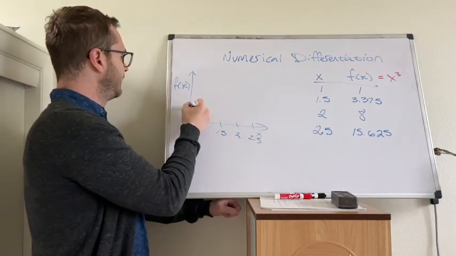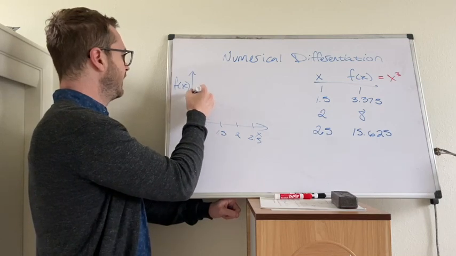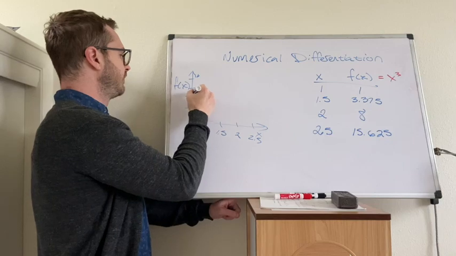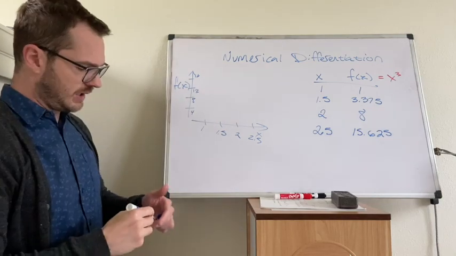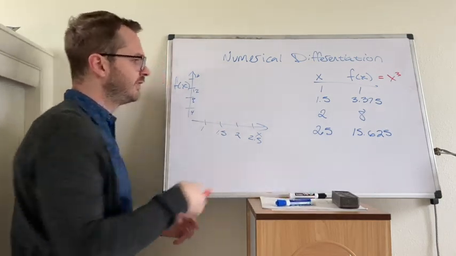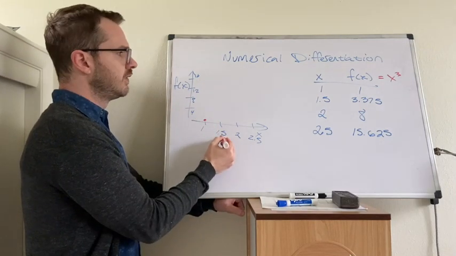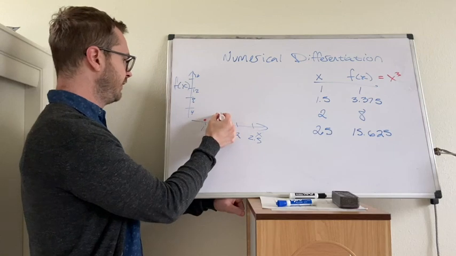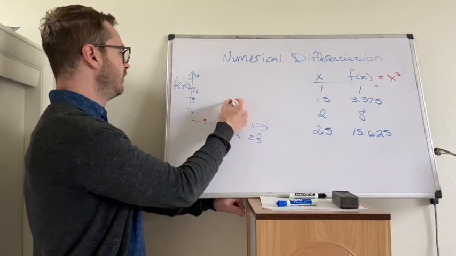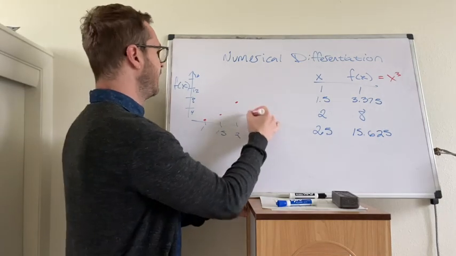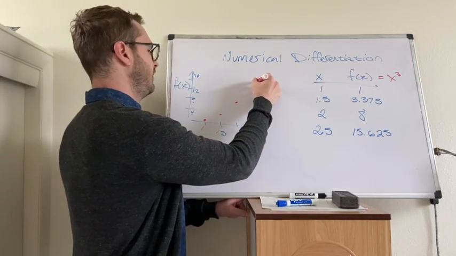So let's say 4, 8, 12, 16. Our data points then are going to fall, let's see, 1, 1, 1.5, a little under 4, 2, 8, and then 2.5, almost 16.